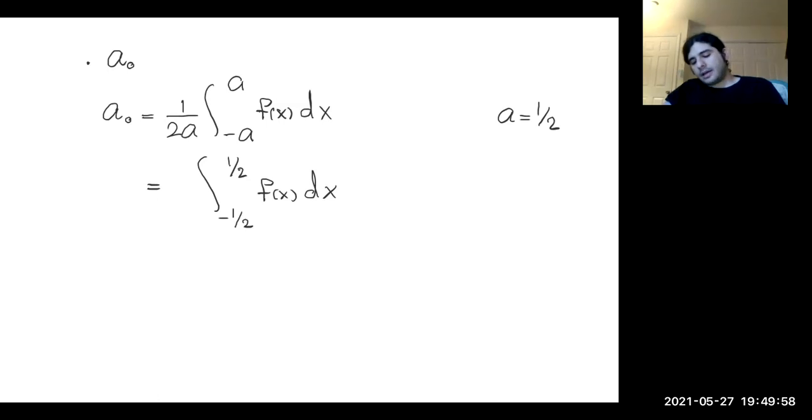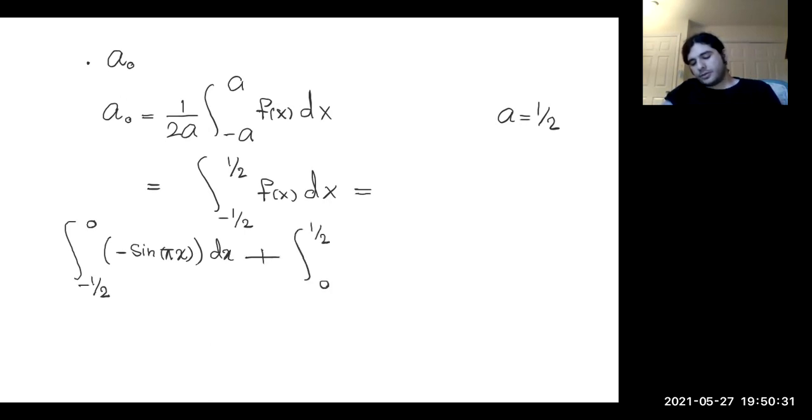Now, again, f(x) is sometimes positive, sometimes sine of pi x is negative. So because we have absolute value, again, we can break it into two integrals. An integral from minus 1 over 2 to 0, where the value of f is minus sine of pi x. And then another part, which is integral from 0 to 1 over 2, where f is equal to sine of pi x dx.